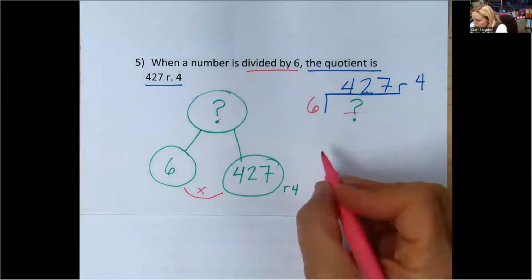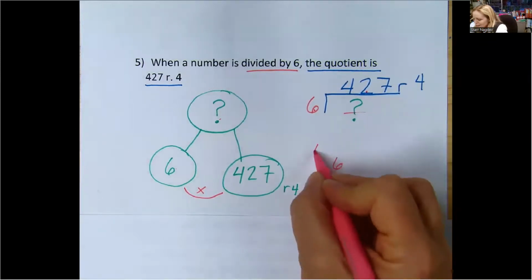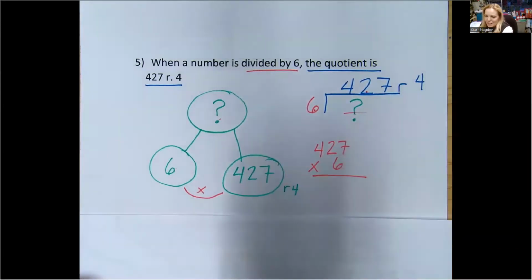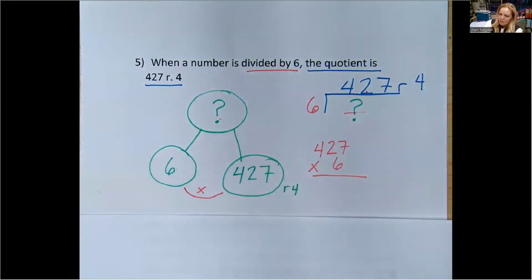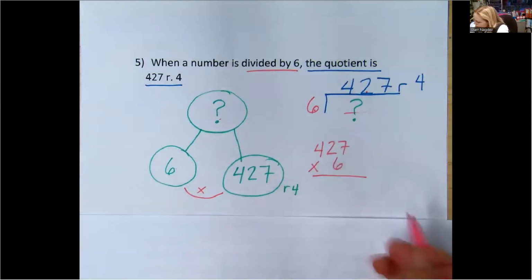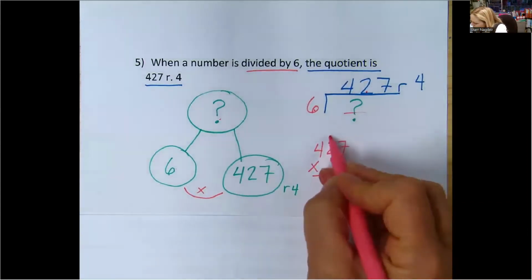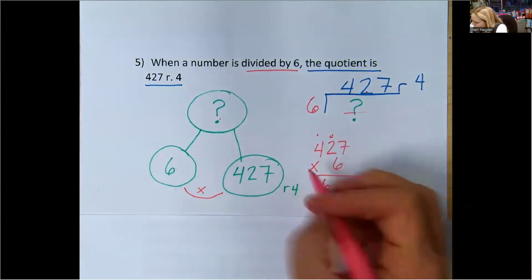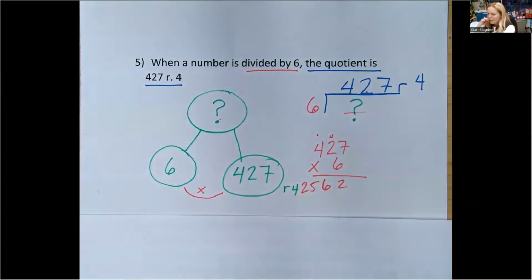So my first operation is going to be 6 times 427 and get the answer to that. Let's see, do my math. Okay, and I end up with 2,562.